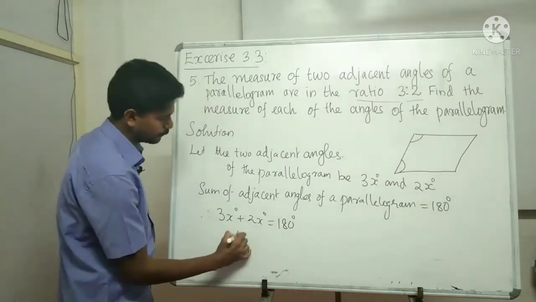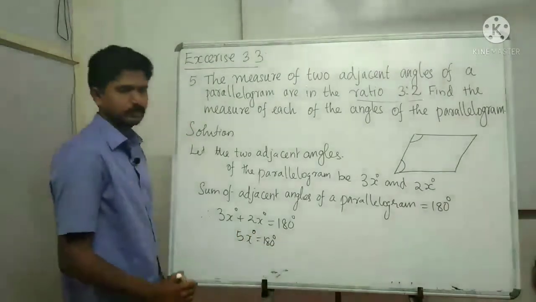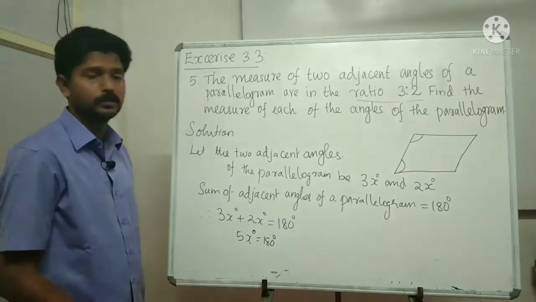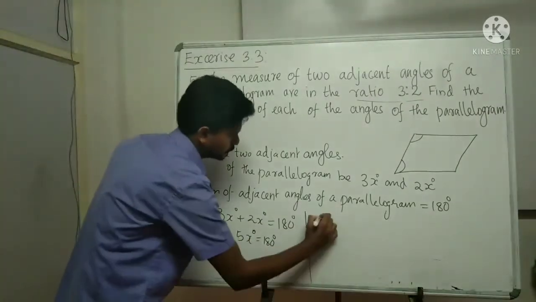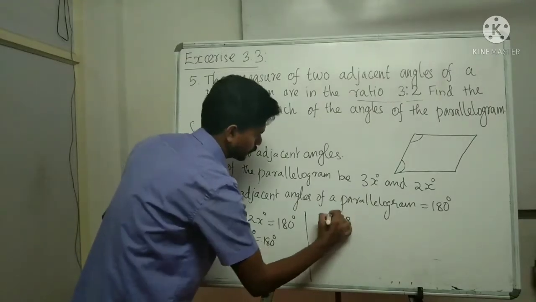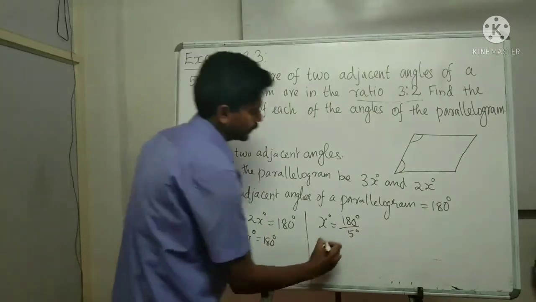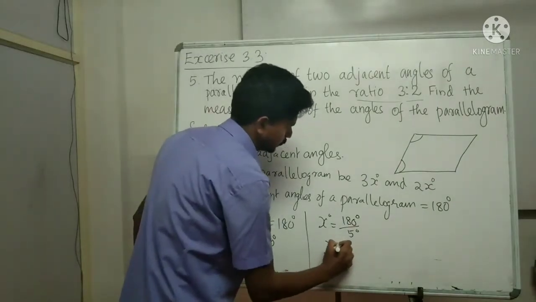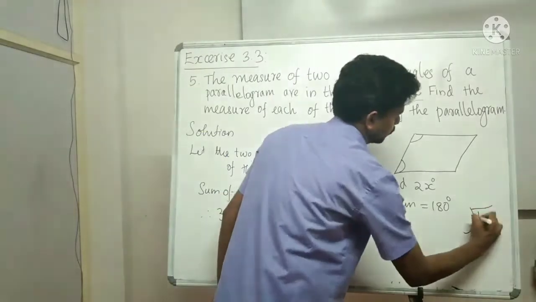Total we get 5x degree is equal to 180 degree. From this we can get the x value: x is equal to 180 by 5.